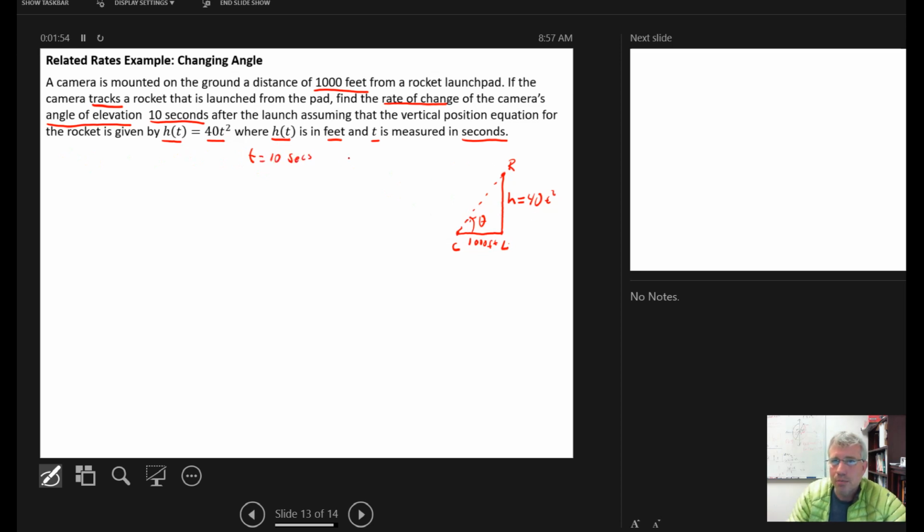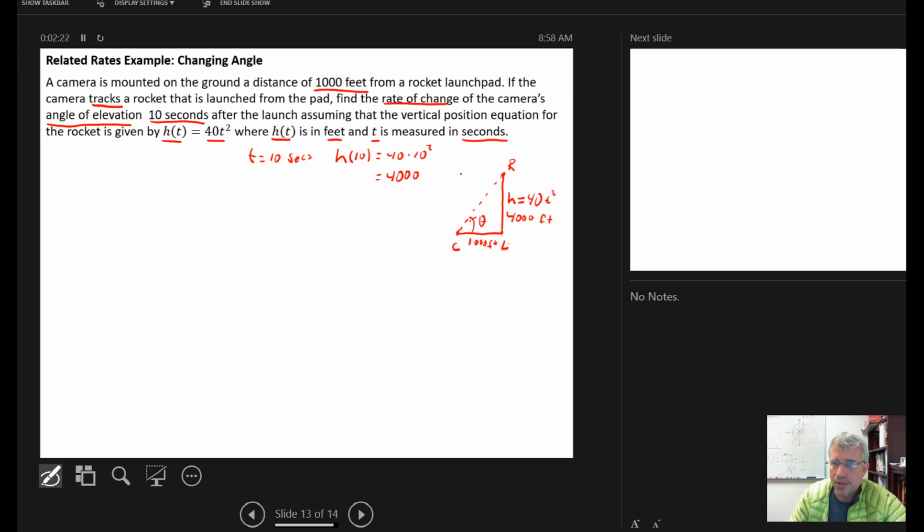At the 10-second mark, we can actually calculate the height at which the rocket would be. So when we plug 10 into the height model, we get 40 times 10 squared, which is 4,000. So we know at the 10-second mark that this is going to be 4,000 feet. We can then calculate the distance from the camera to the rocket at the 10-second mark.